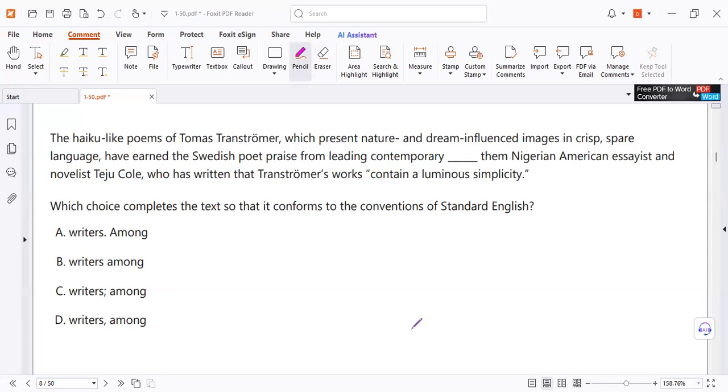Is it letter D? So letter D, it is correct. But we need to know why C is wrong. We have a common hack, but don't follow it: that full stop equals semicolon.